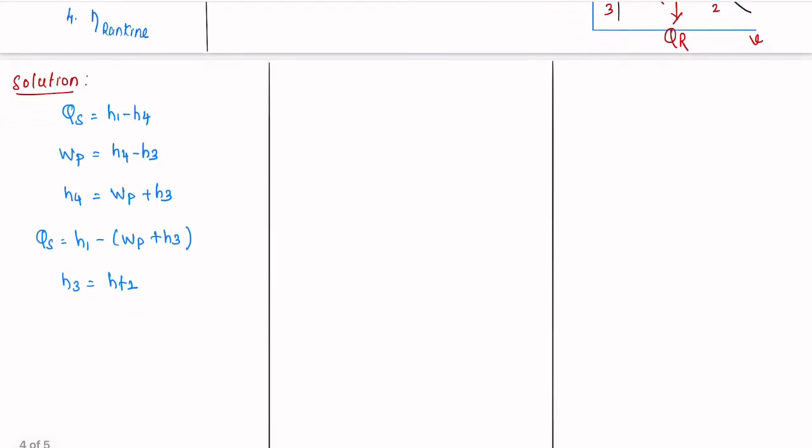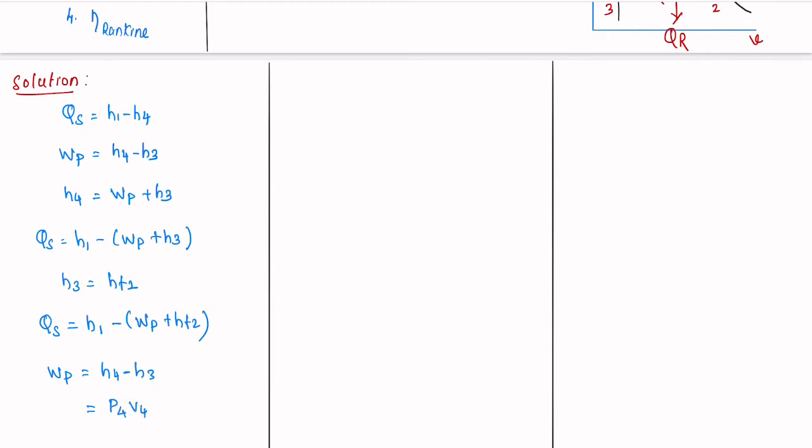Therefore, the heat supplied Qs is equal to H1 minus (WP plus HF2). Now we have to find the value of WP, that is the pump work. We know that WP is equal to H4 minus H3.